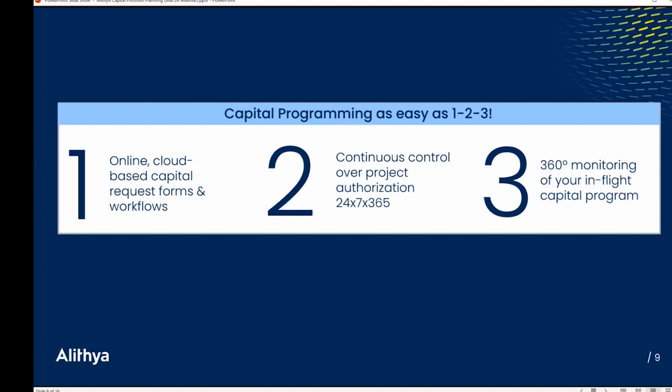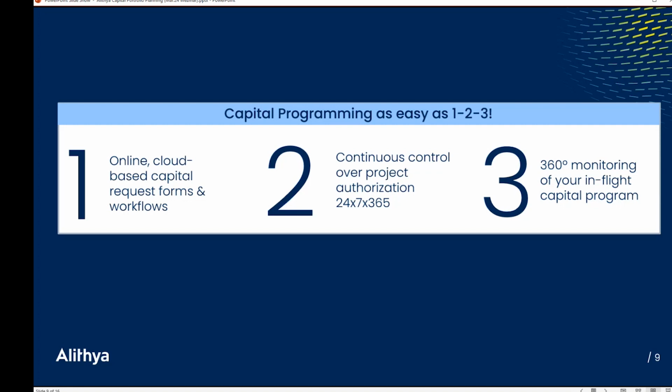And then the third piece of it is really that 360 monitoring of your whole in-flight capital program. So, we like to say deploying a solution like this is a little bit like changing the wheel on your car while you're driving down the highway. I'm sure you have a set of capital projects that are already in flight, plus all the new things that people want to do in the future.